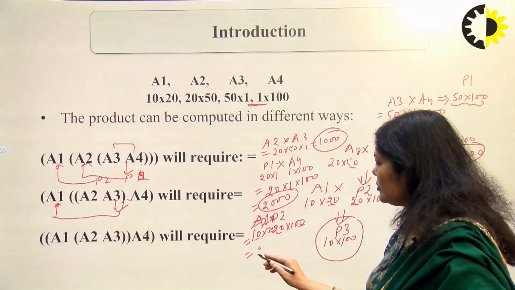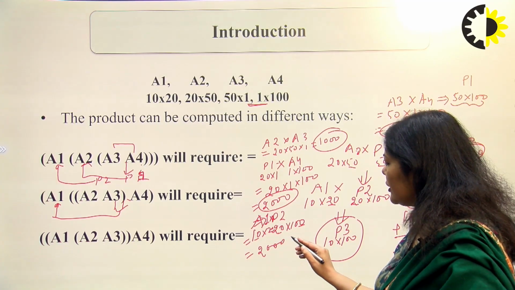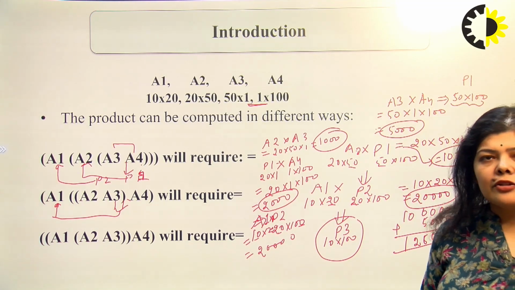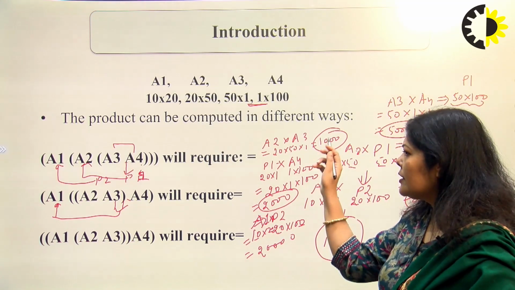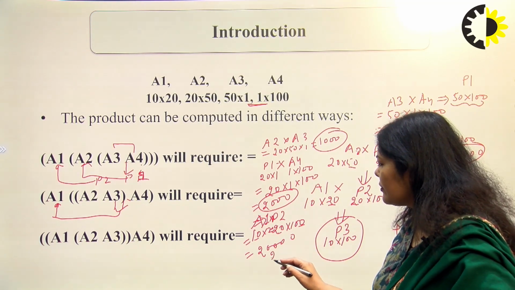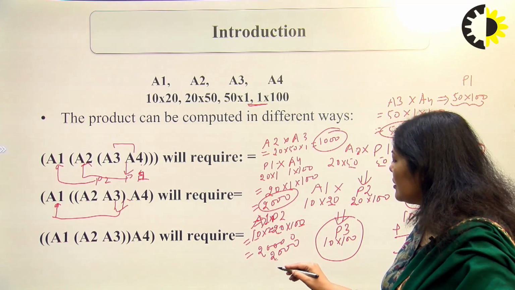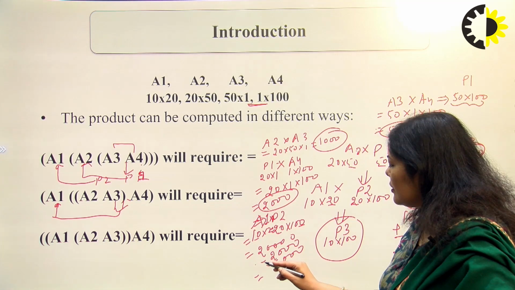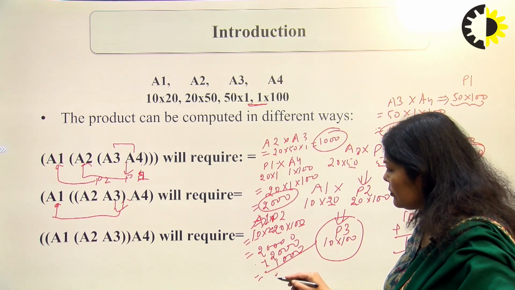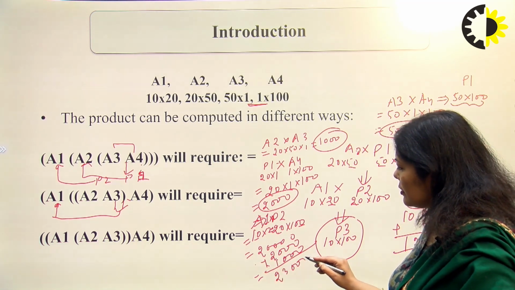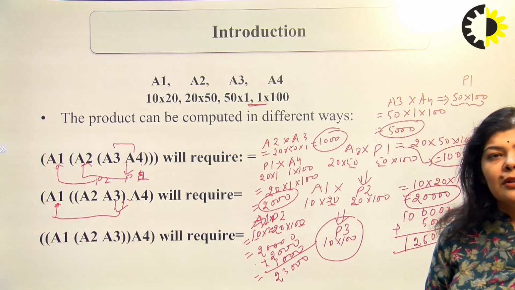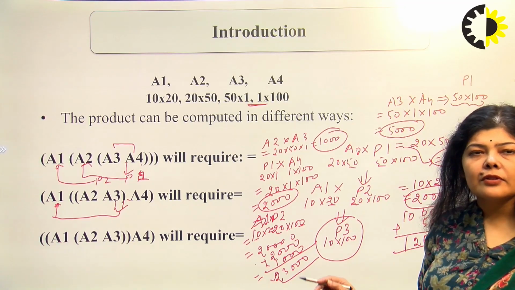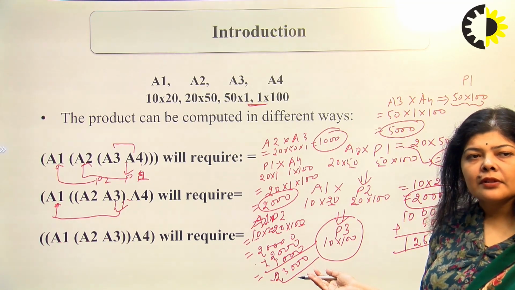This will come to 20,000 calculations that I need to perform. If I add up all these three together, I will have 2000, then 1000, and this will come to 23,000. Okay, so in this case, I'm only performing 23,000 multiplications.